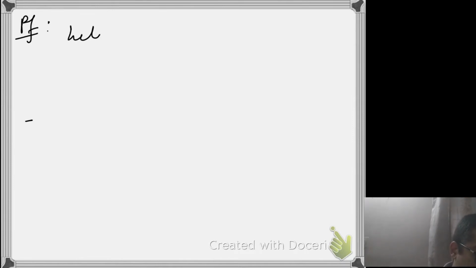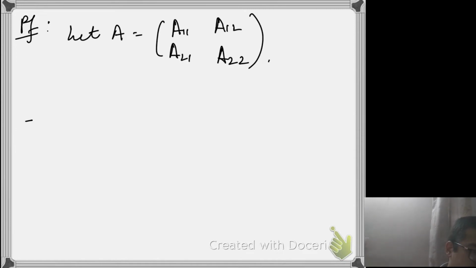So let A be equal to A11, A12, A21 and A22, where Aij's are m cross m matrices.